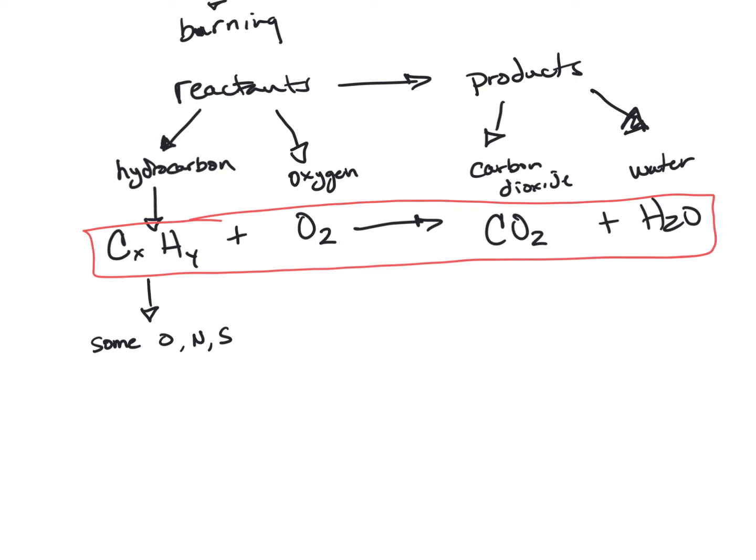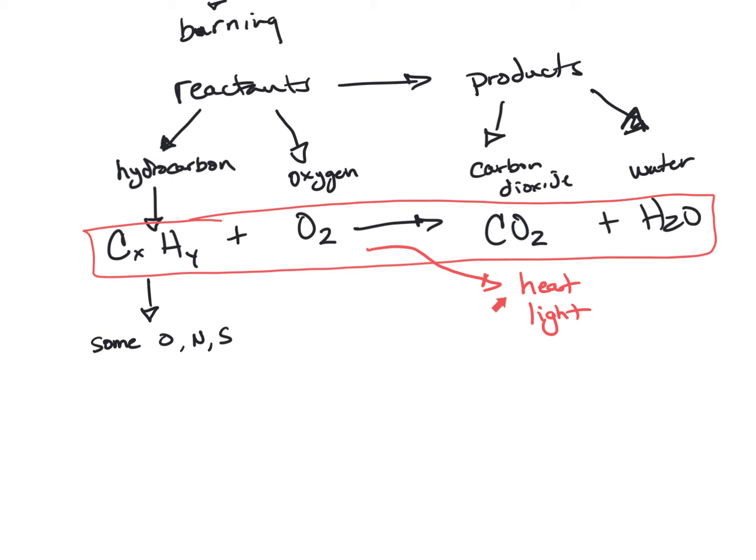I should also mention that what is given off in this reaction is typically energy, usually in the form of heat. It might also be in the form of light. If you think about a Bunsen burner burning, we have a chemical called methane, CH4, that burns with oxygen, gives off carbon dioxide, gives off water, and also gives off a whole bunch of heat.